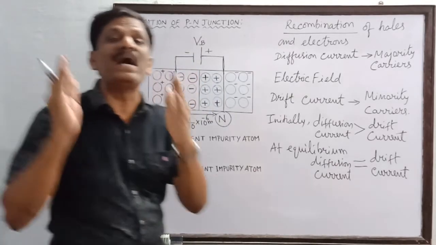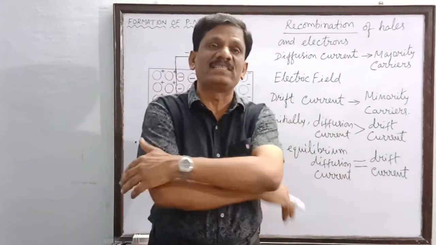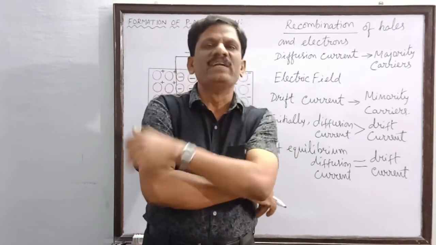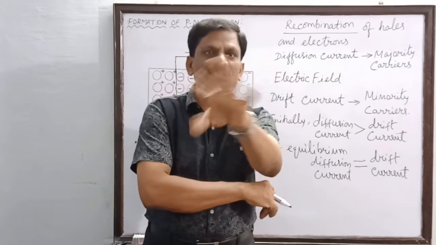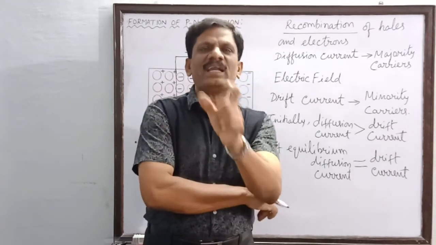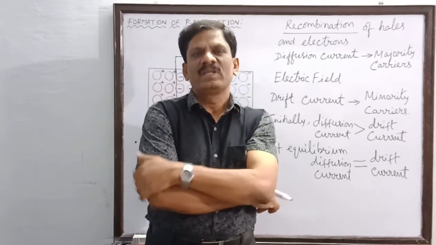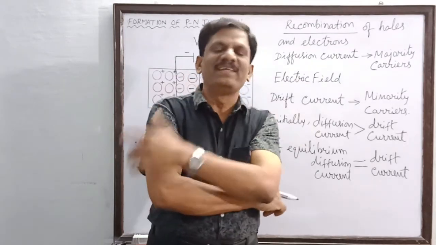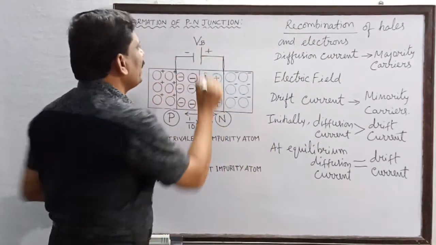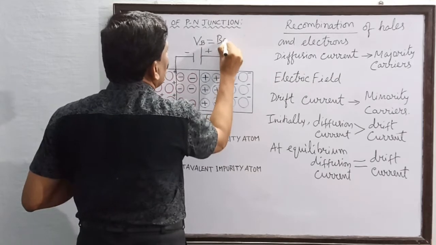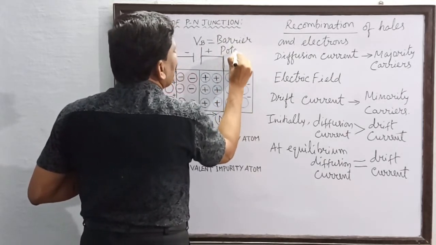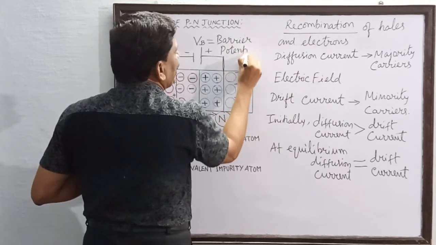This acts like a barrier for the further migration of the charges, and hence this voltage or potential difference created across the junction is called the potential barrier, internal potential barrier, or barrier potential. That is why we have used the symbol VB. So this is called the barrier potential. It acts like a potential barrier.